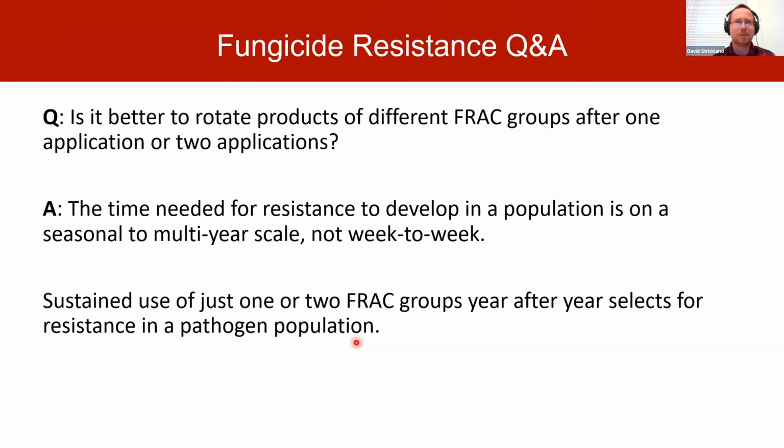So with our apple grower example, that person was spraying a FRAC 7 for many, many years in a row that led to fungicide resistance development in that population. It's not just going to be a week-to-week thing that leads to resistance. It doesn't typically happen that fast, although I reserve the right for biology to surprise us in a way and to beat us to it.